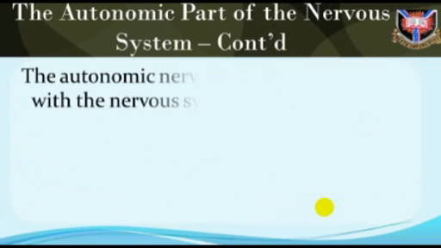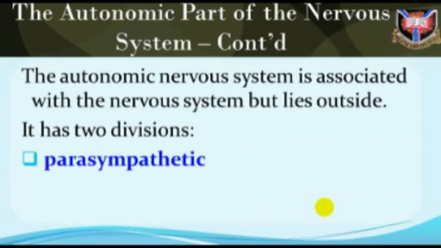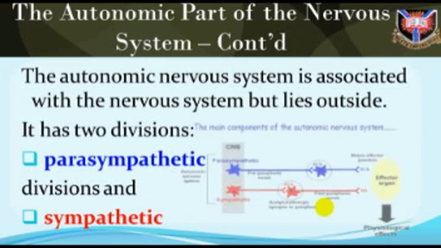The autonomic nervous system is associated with the nervous system that lies outside it. It is divided into two divisions, the sympathetic and the parasympathetic.